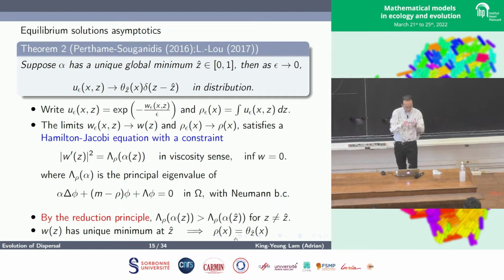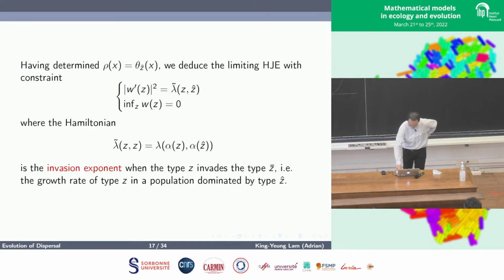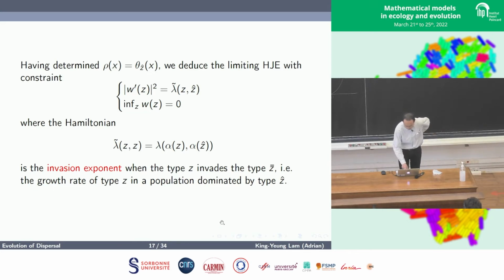The reduction principle applied to the Hamilton-Jacobi equation determines W and rho at this stage. So there is only one dominant species, which is z hat. Rho is now determined because there's only one species, and we already know there's a unique equilibrium when you have only one dominant species.